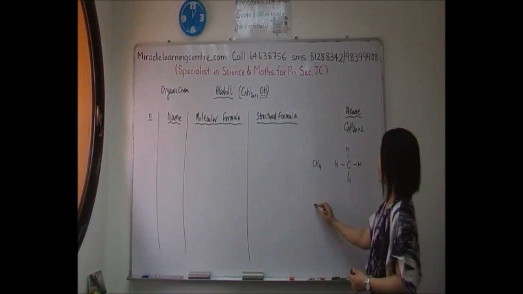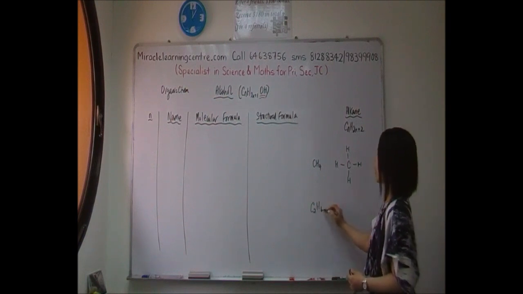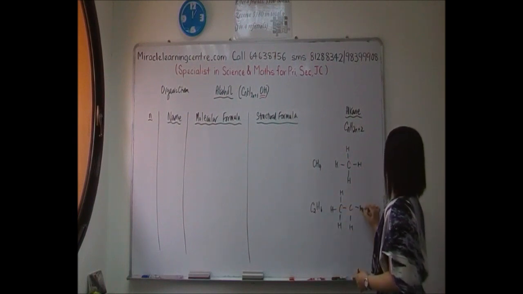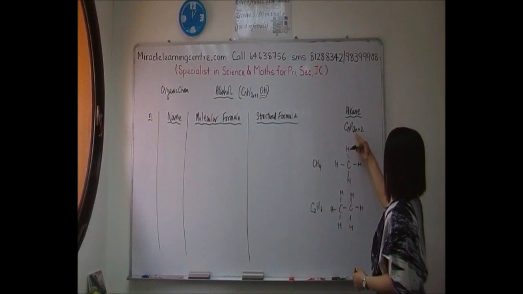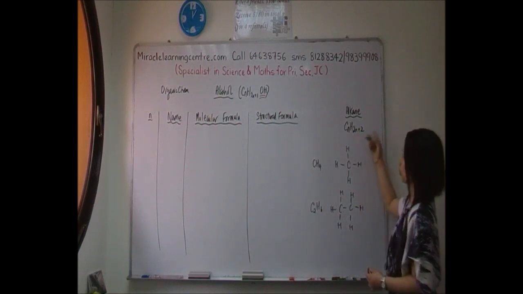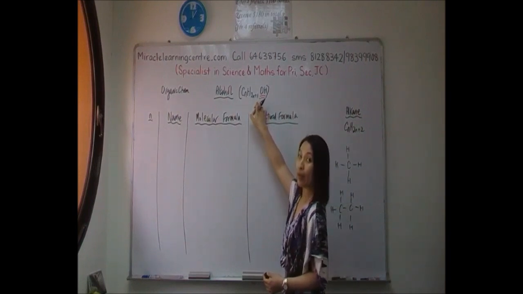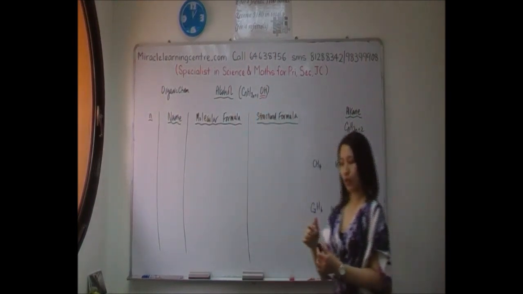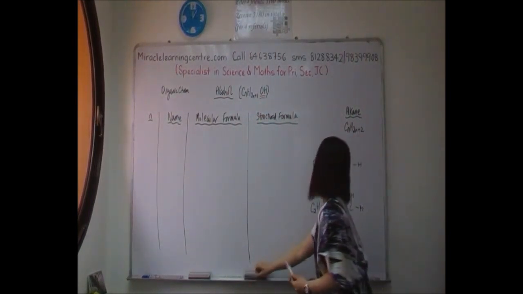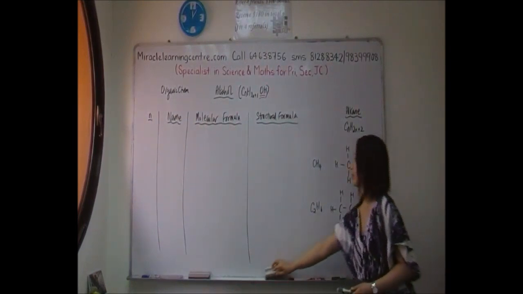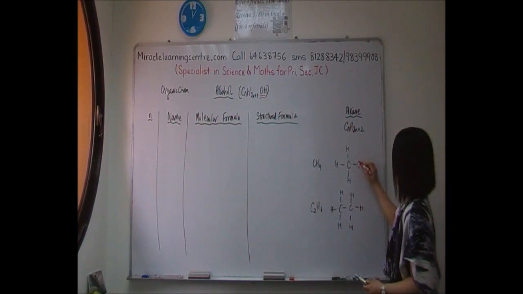Then we have ethane, which is C2H6. So it's CnH2n+2. So in this case, we are just removing one hydrogen and replacing it with the OH. Okay, look carefully. You just need to replace one hydrogen with an OH.